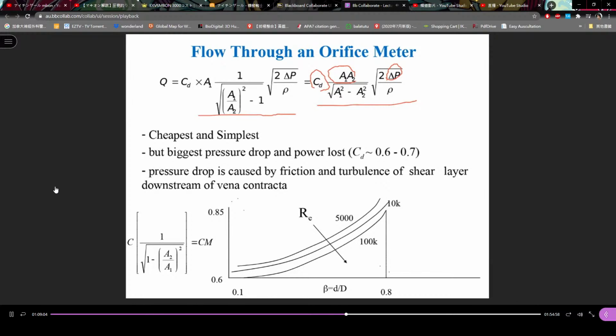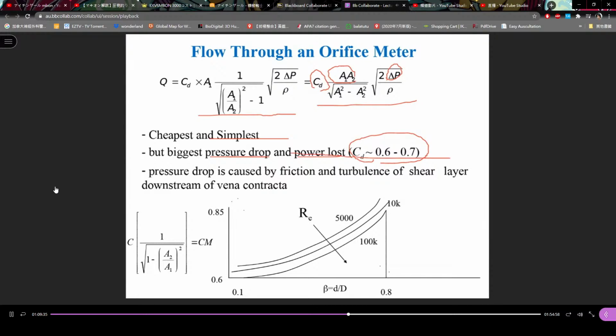The advantage is that it's the cheapest and simplest, but the biggest pressure drop, friction loss, and power loss. That's why the discharge coefficient is much smaller, 0.6 compared with 0.95 for the Venturi meter.